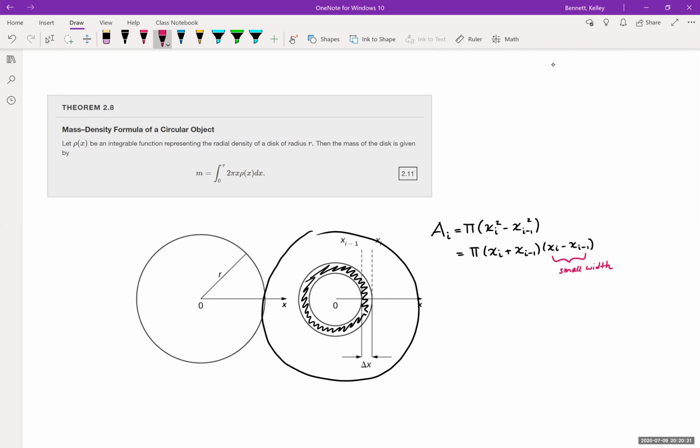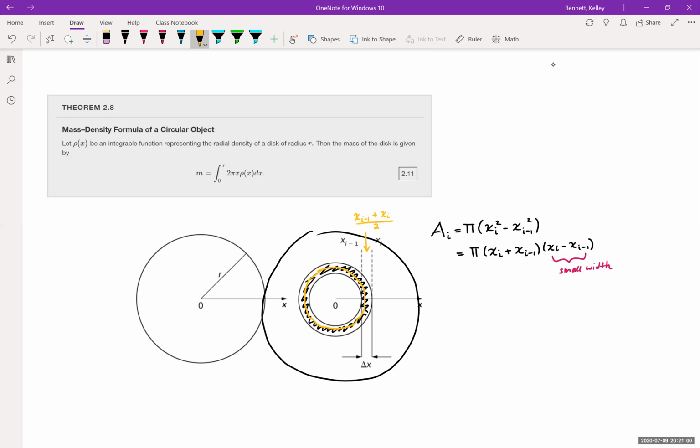And then the thing that you have to trick yourself into believing is that if you were to take this slice here, the halfway point, the midpoint between x sub i minus 1 and x sub i is x sub i minus 1 plus x sub i over 2, right?